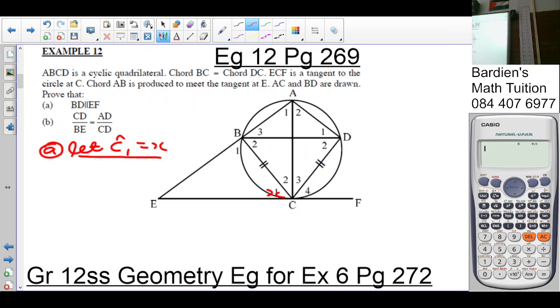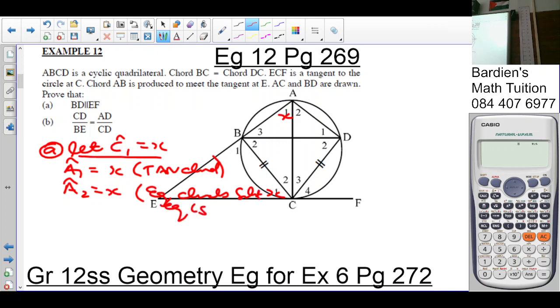By doing that, we know that angle A1 is equal to x, by the tan chord theorem. Okay. Then we see that A2 is also equal to x, because equal chords subtend equal angles on the same side.